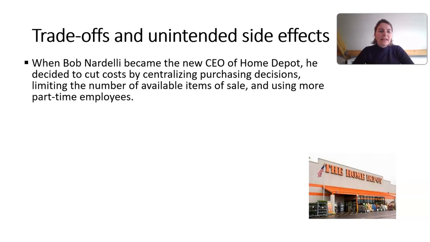This means that he limited the number of available items on sale. Home Depot was very well known for selling everything that you could want. What he decided is, we need to be more efficient. So we limit the number of available items and we use more part-time employees instead of a lot of permanent staff. So what he wanted to do was increase efficiency to reduce the cost.